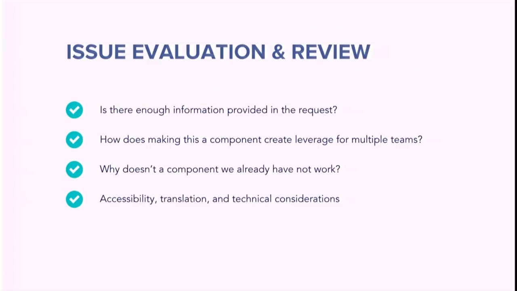And then during review, there's also a couple of things that we evaluate. One, is there enough information in the request? Hopefully the triager gets you to that so this isn't a problem, but sometimes things slip through. Why doesn't a component we already have work? To me, that's the number one reason why we close out issues: we have something like it, maybe you didn't know, or maybe we're just saying this is the way we've decided to do it. Until we have a more compelling reason, that's what we're going to do.